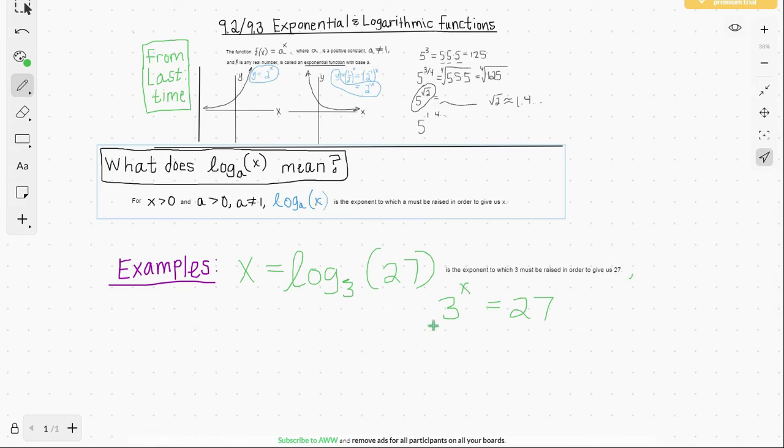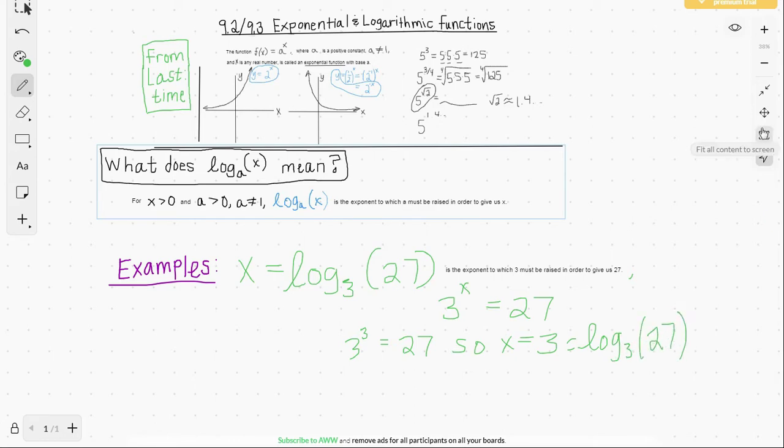Notice that if we take 3 to the third power, we get 27. So x must be 3. Or in other words, log base 3 of 27 is 3.